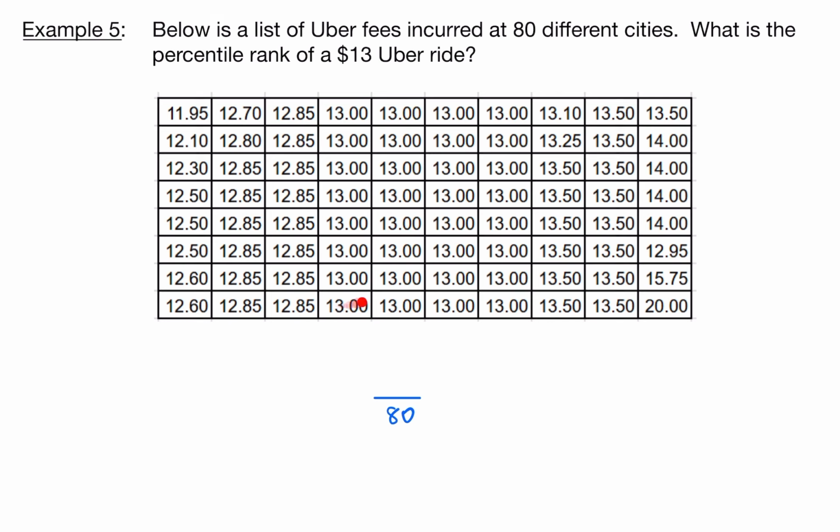The quickest way to count is to look at how many columns there are. There are 1, 2, 3, 4 columns that contain $13, and then how many rows? 1, 2, 3, 4, 5, 6, 7, 8. So there are 8 rows. The total number of $13 Uber rides is 8 times 4, or 32. That becomes our numerator.